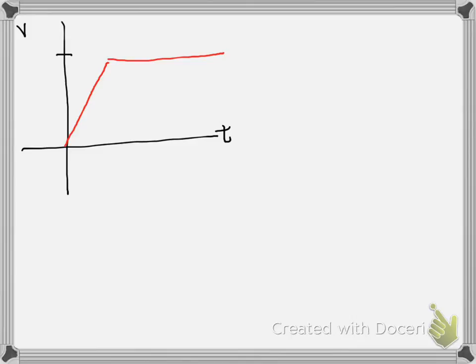And what's given in the problem are these two values, that velocity is 14.7 meters per second, and it takes 6 seconds to get there. As far as knowns and unknowns go, I know that Hannah starts from rest.